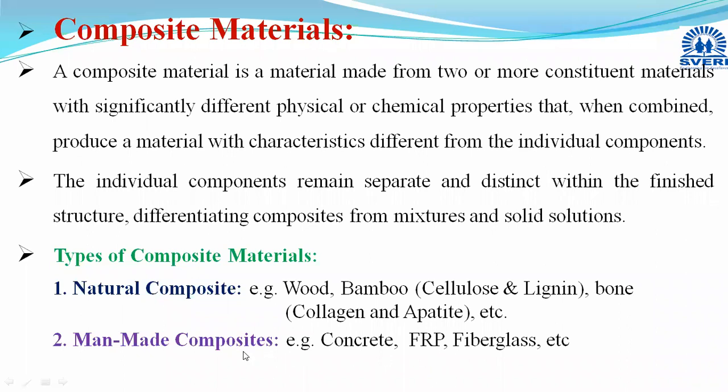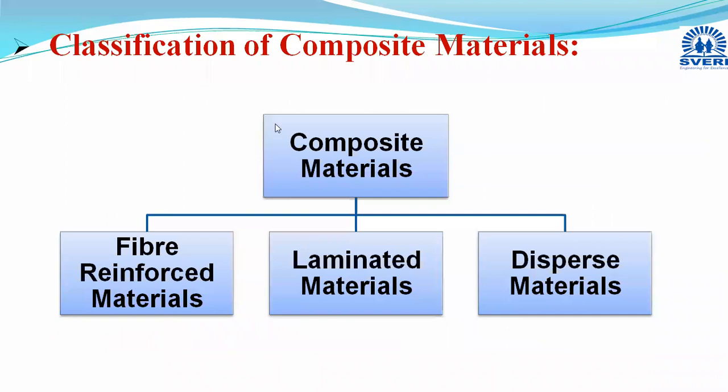Now, after natural composites and man-made composites, we will move towards the next classification of composite materials. Depending on how the arrangement of one material into another is done, or their nature of distribution, the composite materials are classified into three different types.